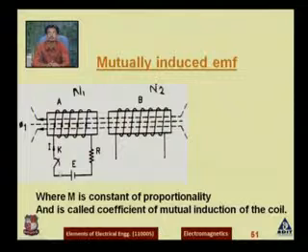When I pass a current in the coil having N1 turns, and put another coil near it, not connected to any battery but having N2 turns, let's assume N1 has 10 turns and N2 has 12 turns. When I connect coil 1 with the battery, a flux will develop, and some of this flux will link with the other coil, the B coil, also.